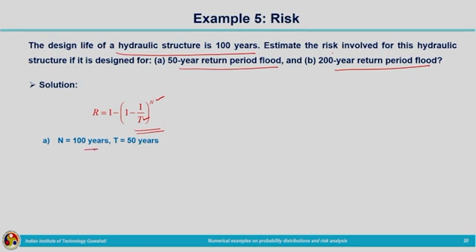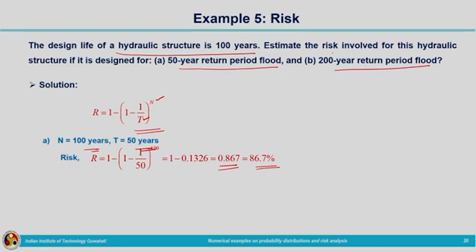N is equal to 100 years and T is equal to 50 years for case A. We can substitute that in the expression for risk. It can be calculated as 0.867, it is around 86.7%.